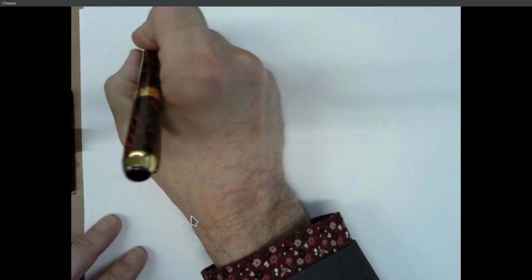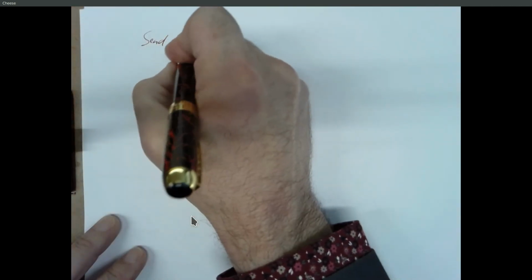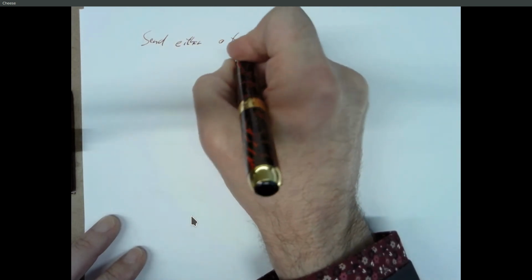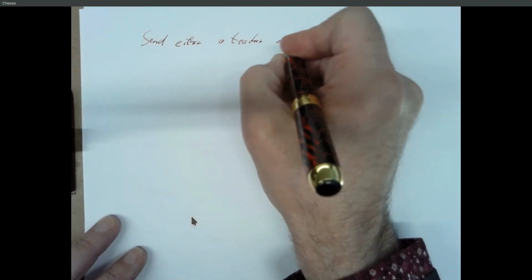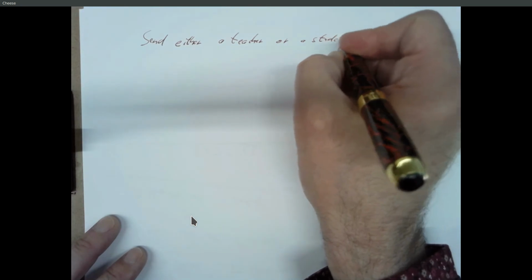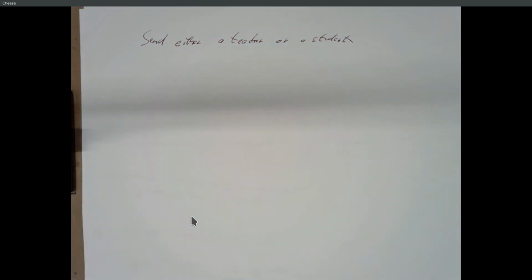All right, so there's a conference coming up, and you need to send either a teacher or a student. So you have to pick either a teacher or a student to go to this conference. And so we can break this into two subtasks.